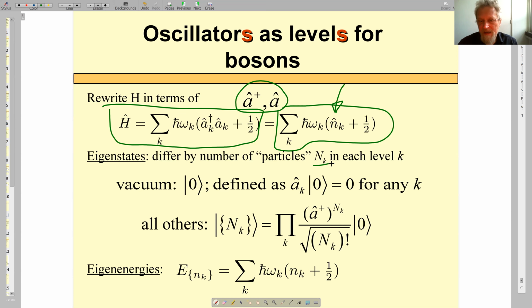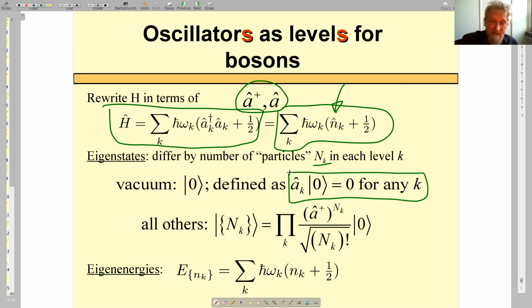There is a vacuum state, of course, with no particles, and it's defined that for any K, the action of the annihilation operator on vacuum is zero, so one cannot annihilate a particle at any level. Everything is empty.